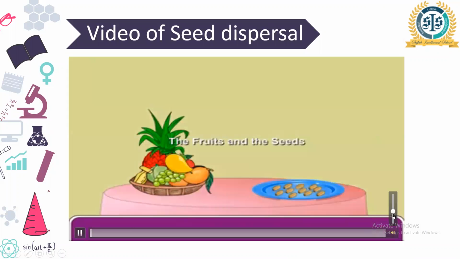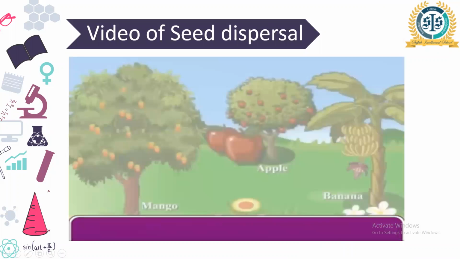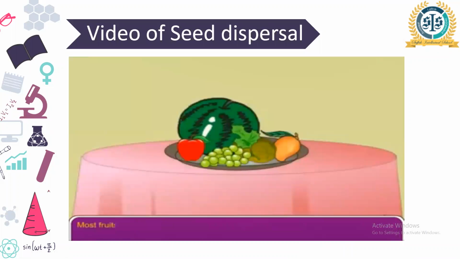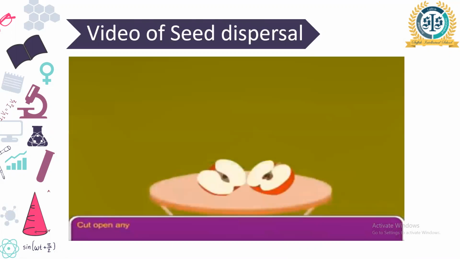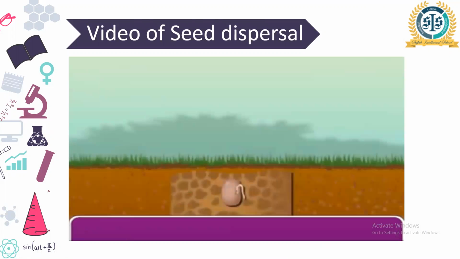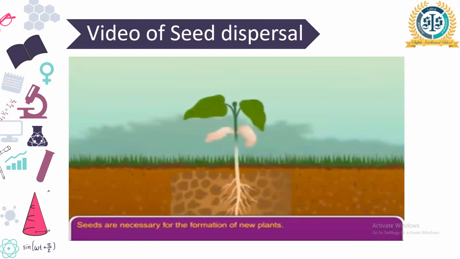The fruits and the seeds. Flowers turn into fruits. Most fruits store food. Cut open any fruit, it has seeds. Seeds are necessary for the formation of new plants. Seeds also store food, which is used by the new plant during germination.